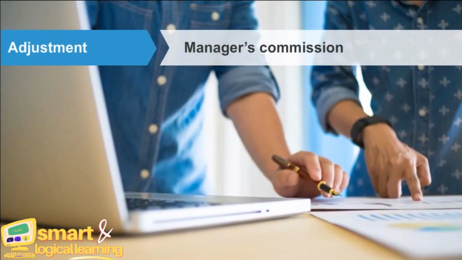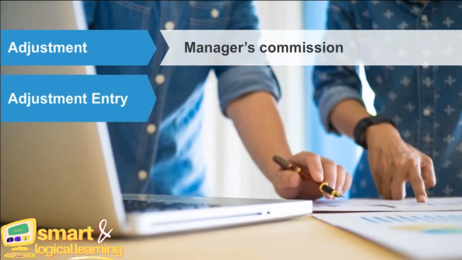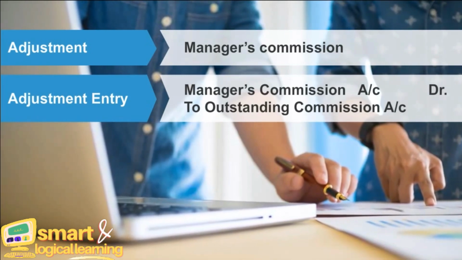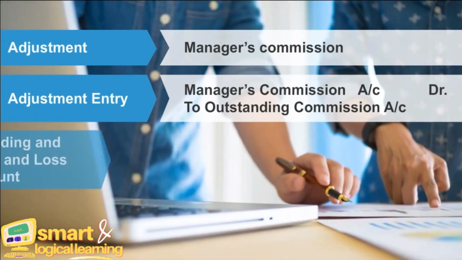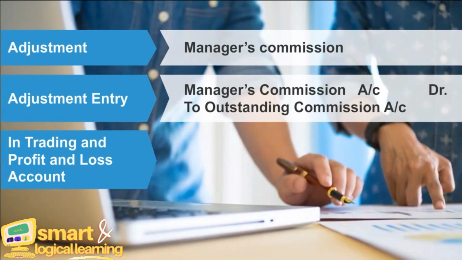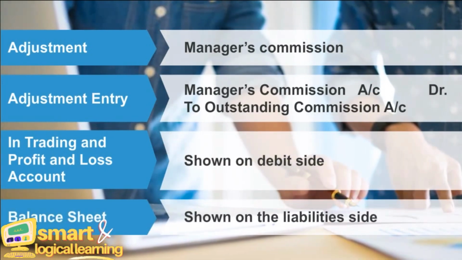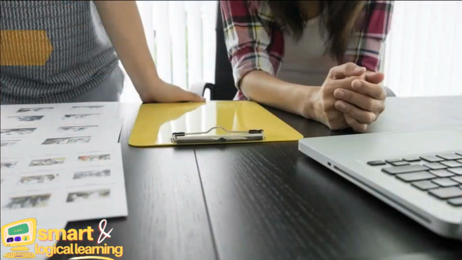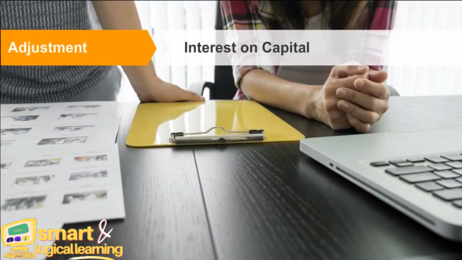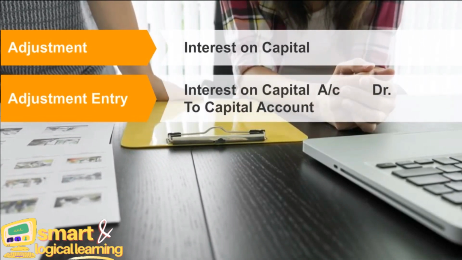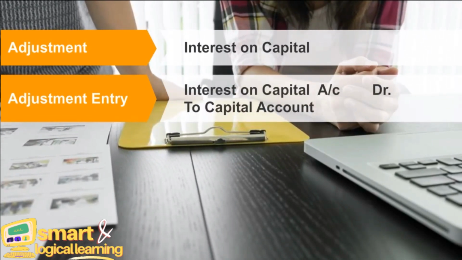Adjustment: manager's commission. Adjustment entry: manager's commission account debited to outstanding commission account. In the trading and profit and loss account, it is shown on the debit side. In the balance sheet, it is shown on the liability side. Adjustment: interest on capital. Adjustment entry: interest on capital account debited to capital account.